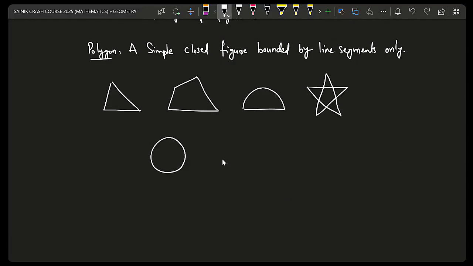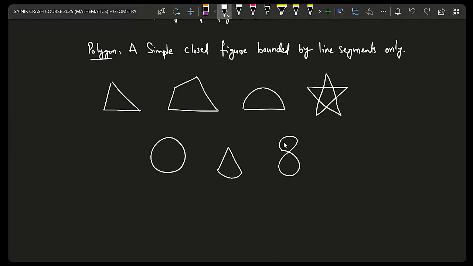And let's take a sector of a circle, like a pizza piece, and let's take something like a number 8 curve. Okay, let us check these. How many of these figures or curves are treated as polygons in geometry?